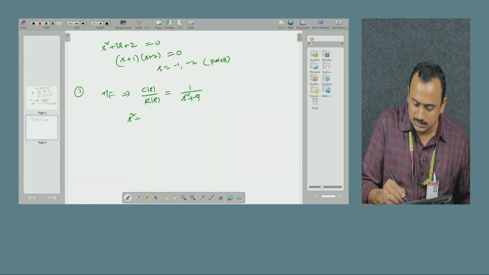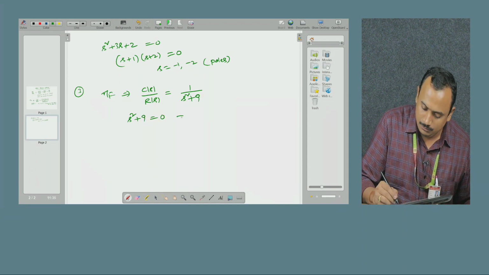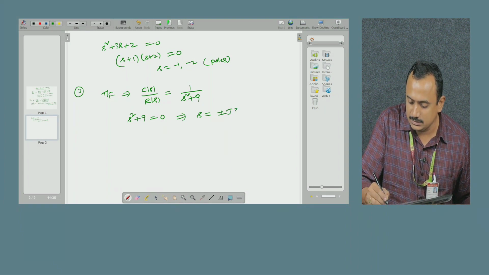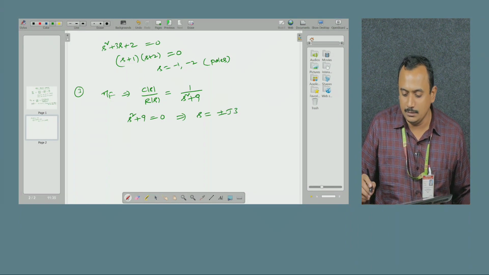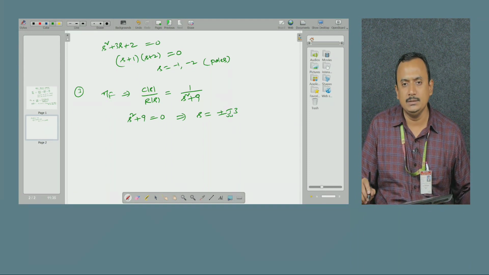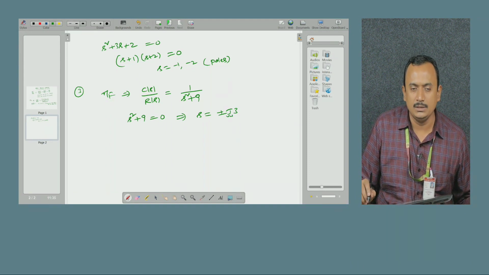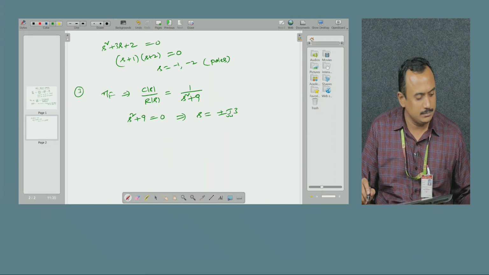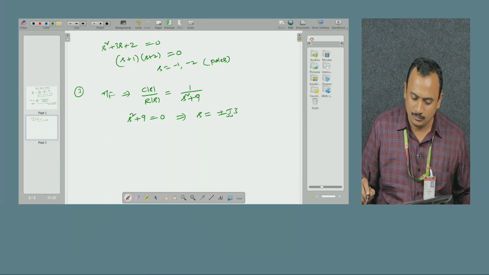To get the poles, s² + 9 = 0. From this, s = ±j3. Here j represents the imaginary term. So there are two poles, one is +j3 and the second one is -j3.